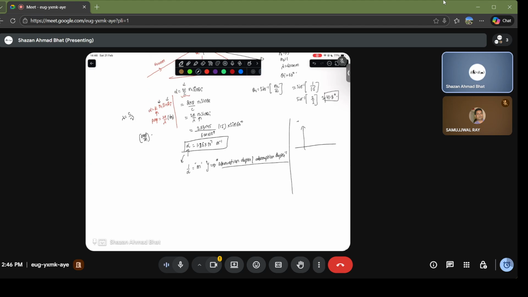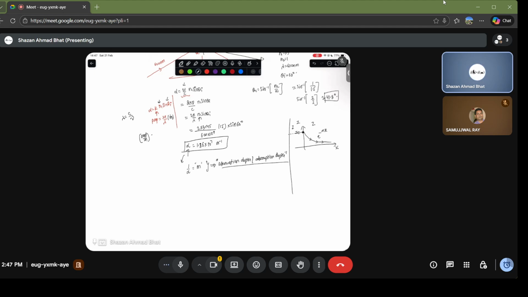Let's say you have an intensity versus x curve, and let's say this is some medium 1 and this is medium 2. The intensity in medium 1 was I naught, and then when it hits medium 2, it drops exponentially. This is exponential decay: it drops as e to the power minus alpha x.